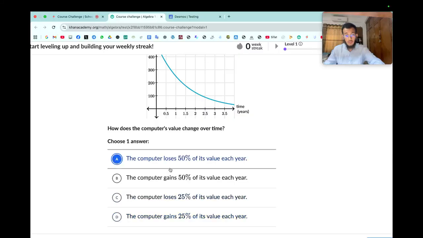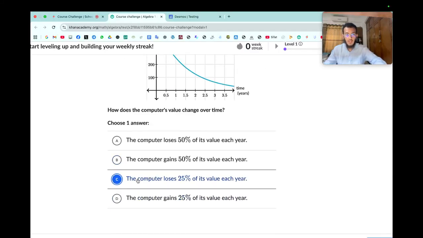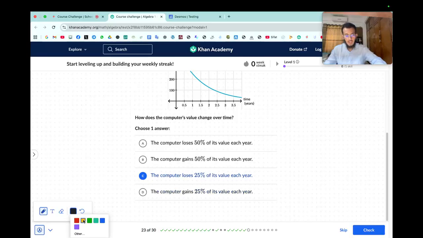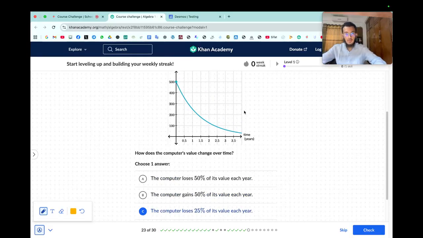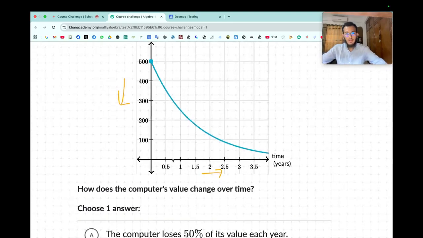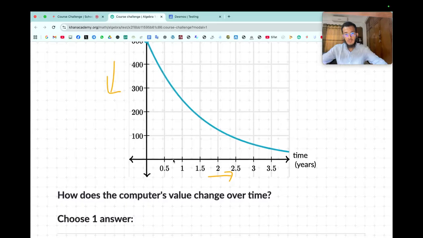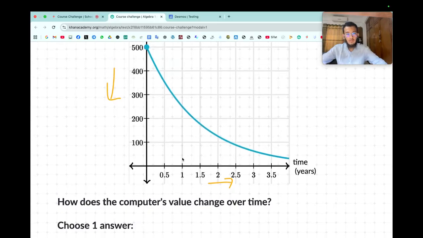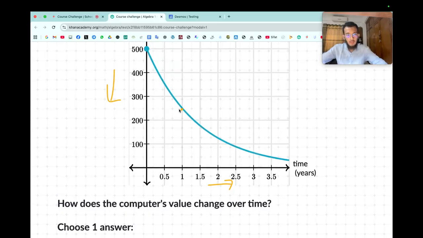Now whether it loses by 50% or 25%, we just have to check that. If it was gaining, it would have been increasing, but as we go to the right side, the value is decreasing. So we have to find the rate. Okay, so after 1 year we have a value of 250.